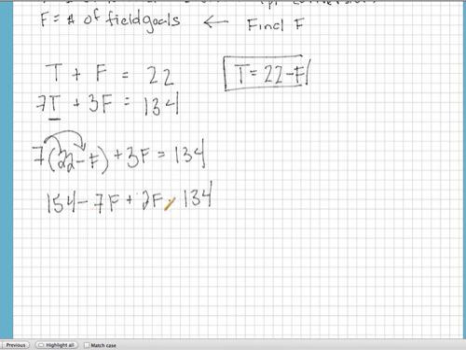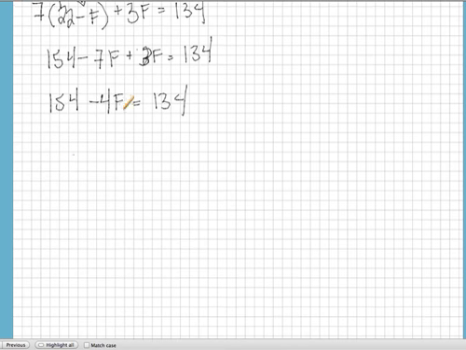Let's combine like terms so that we get 154 minus 7F plus 3F, which is negative 4F, is equal to 134. Now let's try to get F by itself so we can answer the question, what is F?